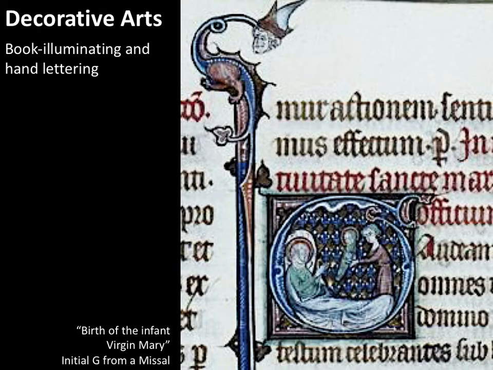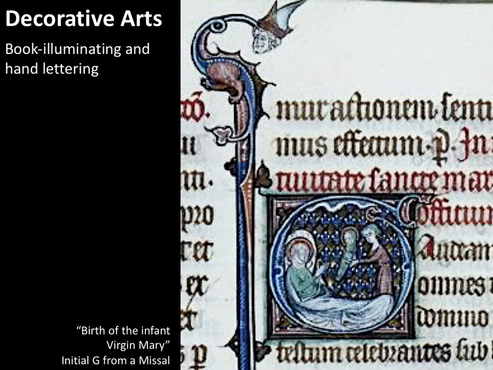But then if we look down at the big blocky blue square, that is actually the letter G. So it's the initial letter G in this section of this missal, which is a religious text. And within the G, we have a story being told.